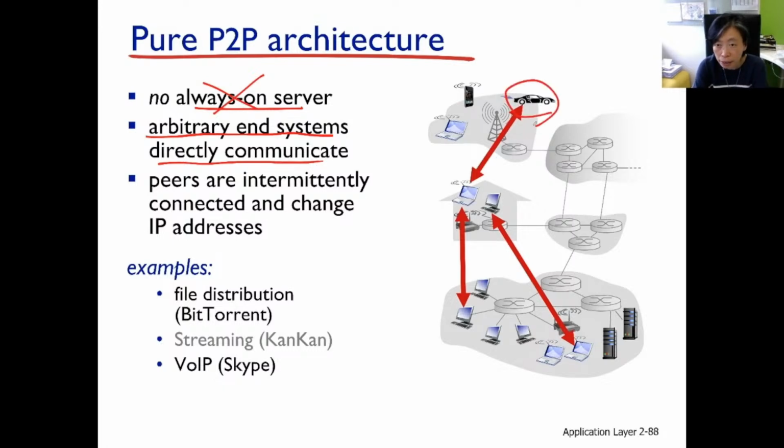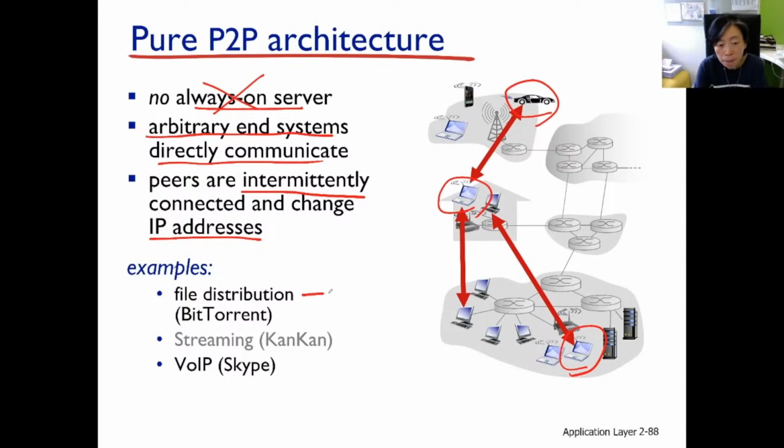As you see, these peers are very likely mobile end systems. So the connectivity there is intermittent, meaning loosely connected, on and off, on and off. And the IP addresses to establish physical connectivity can also change over time. So it's actually hard to maintain a fully connected session as a user moving around, for example, on NTU campus.